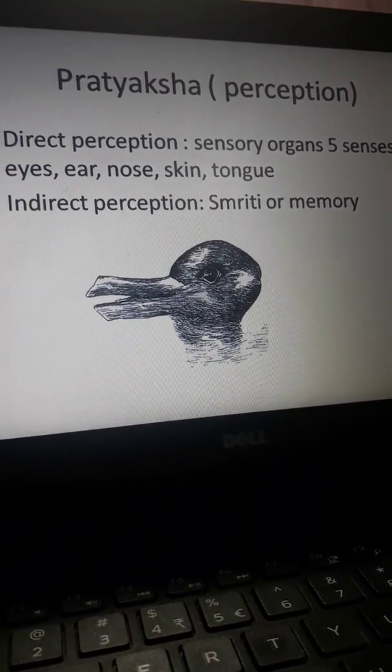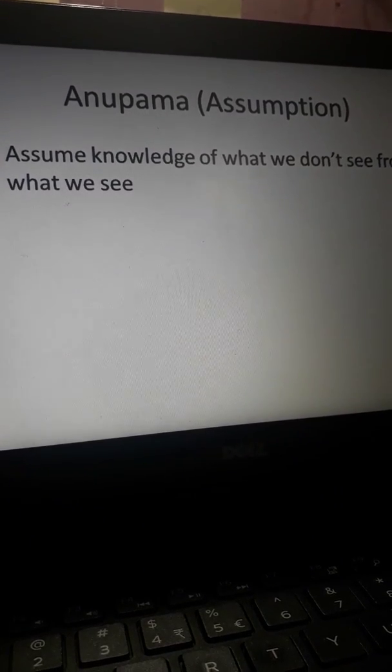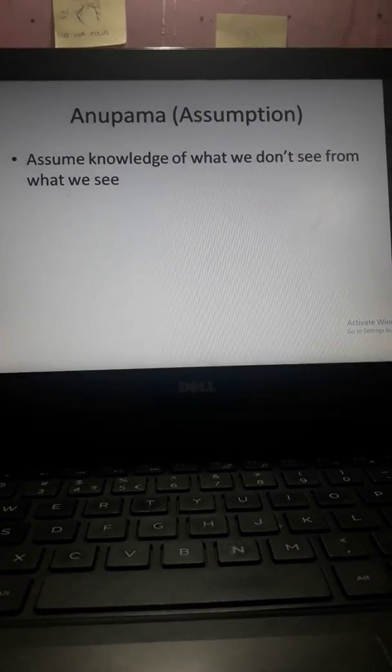So in the next slide we have the anumana. Anumana is the word for assumption. It is assumed knowledge of what we don't see from what we see.